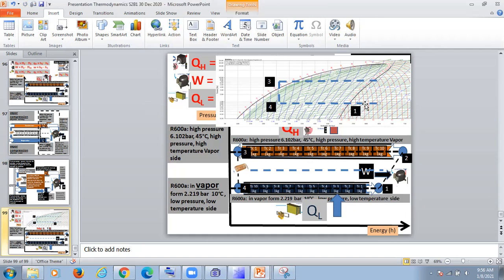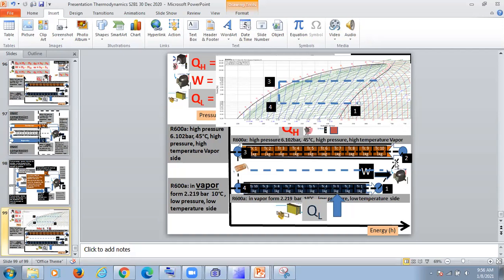The minimum is here on the vapor line of the vapor dome, but there can be a little more towards the gas phase. Let me explain what that means.